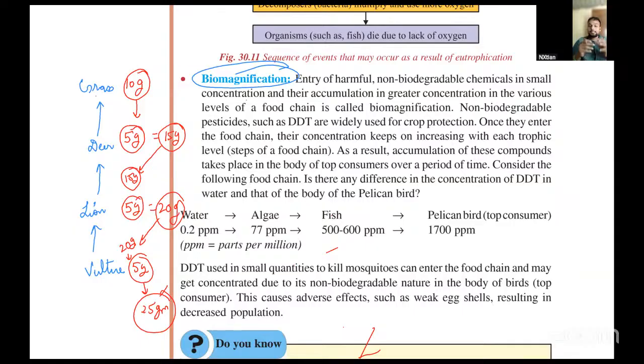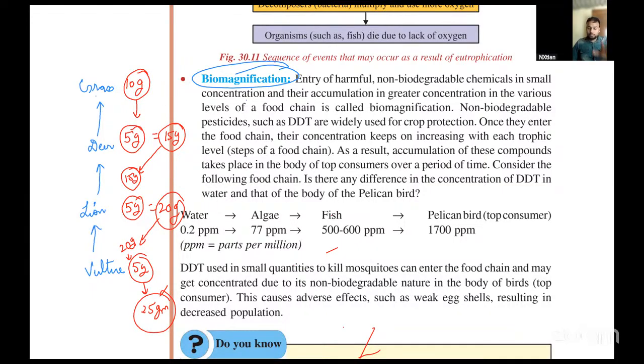Because the vulture is the last member of the trophic level, he has a lot of chemicals, and that's why vultures are dying. That's why nowadays vultures have weak egg shells. Why weak egg shells? Because the vulture has a lot of chemicals which degrade the calcium, and when the vulture incubates its eggs, the egg gets damaged.